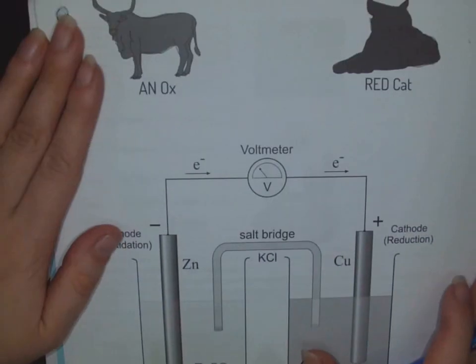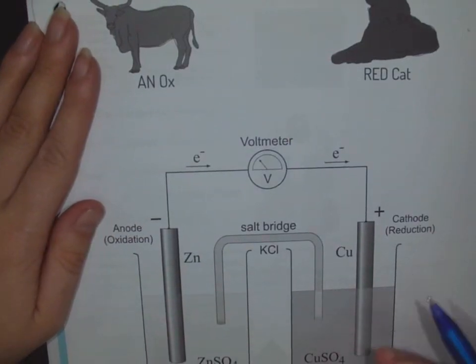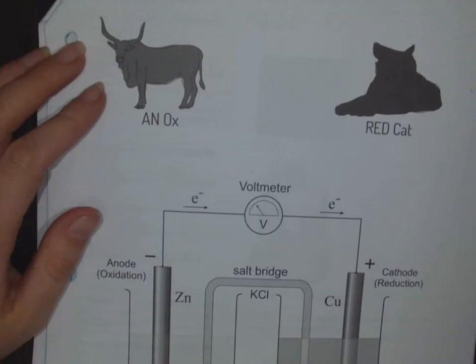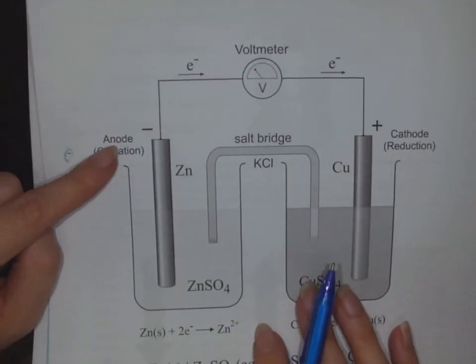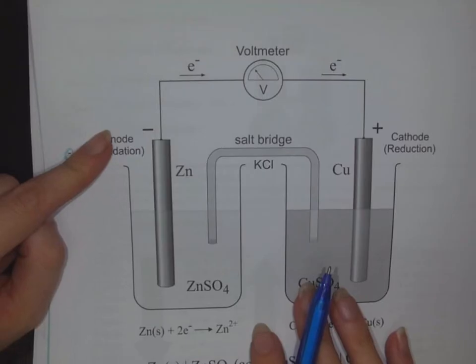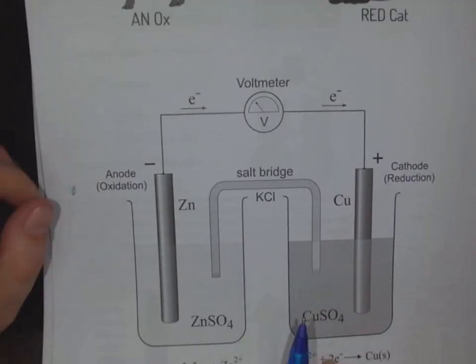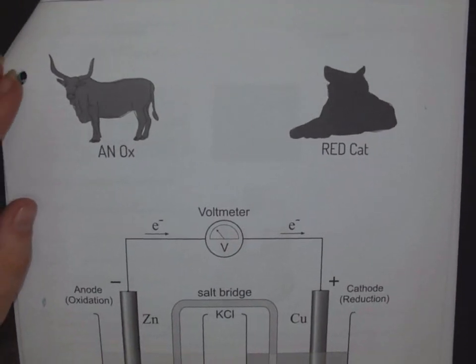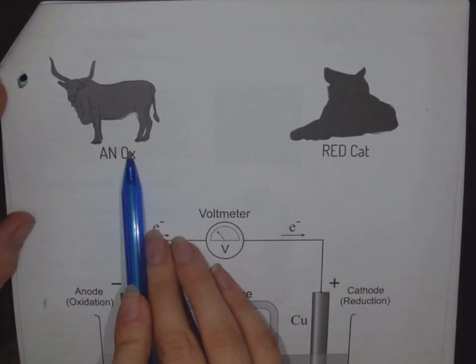Here is a diagram for these chemical batteries, these cells. I have a way of remembering that oxidation happens at the anode and reduction happens at the cathode. What you'll often hear people say in chemistry is red cat and ox.